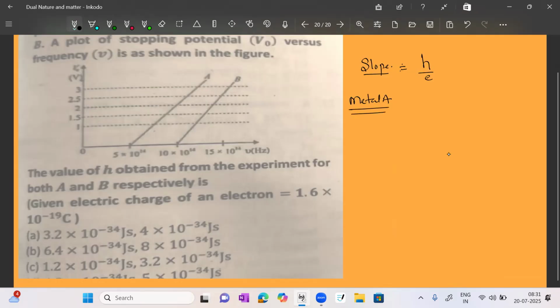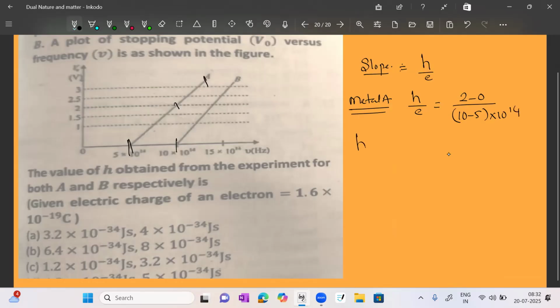This is for metal A. We can write h by e equals the slope of the first metal. If you take y2 minus y1, 2 minus 0, by x2 minus x1, 10 minus 5, into 10 power 14.